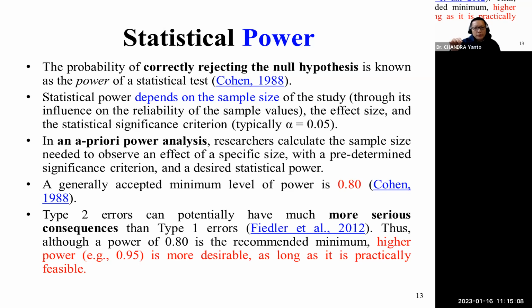So how do you know that the result of your survey or experiment will be very strong, in which you can correctly reject that there is no relationship? In other words, how can you show that your statistical results can support the hypothesis that you are proposing? That depends on the sample size.